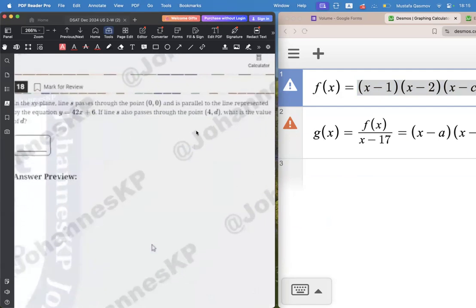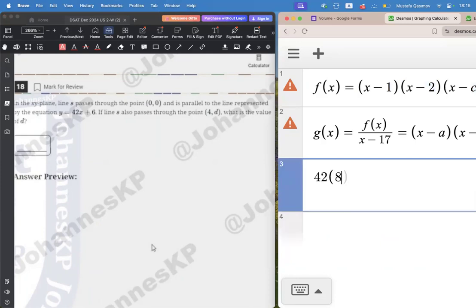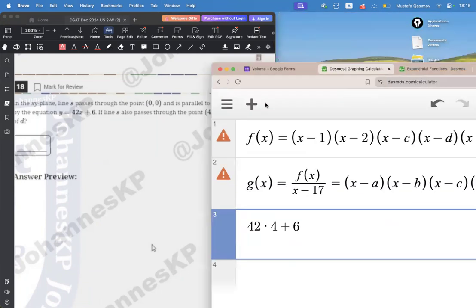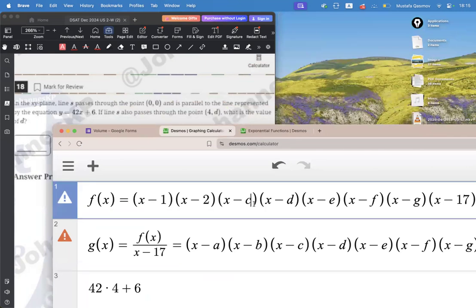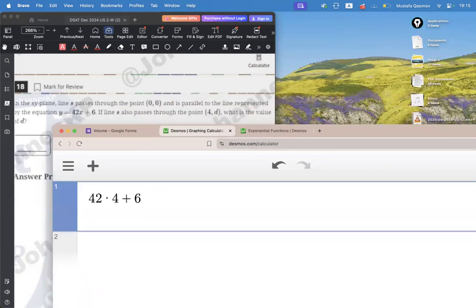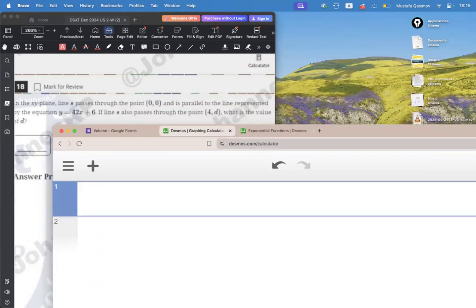Here, some students take right for instead of x, and they got this answer. It is not correct. Yeah, right. Answer is 168.